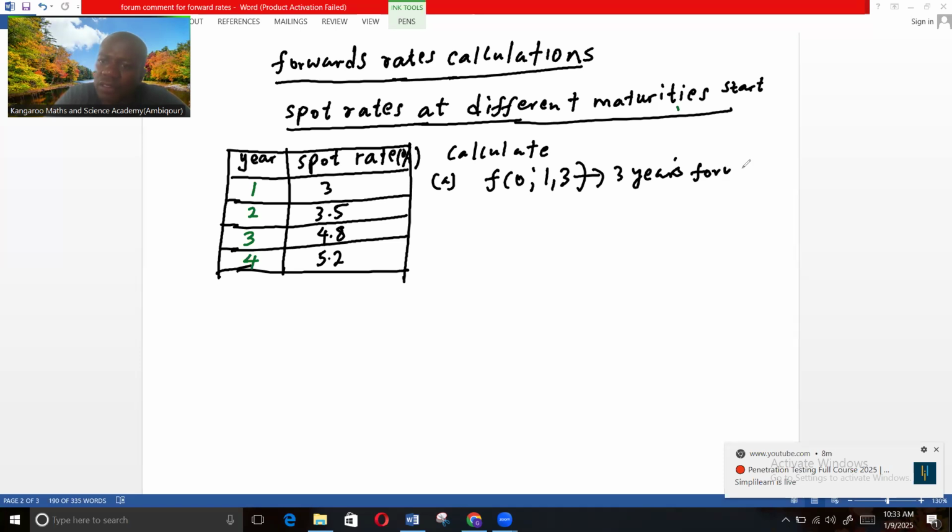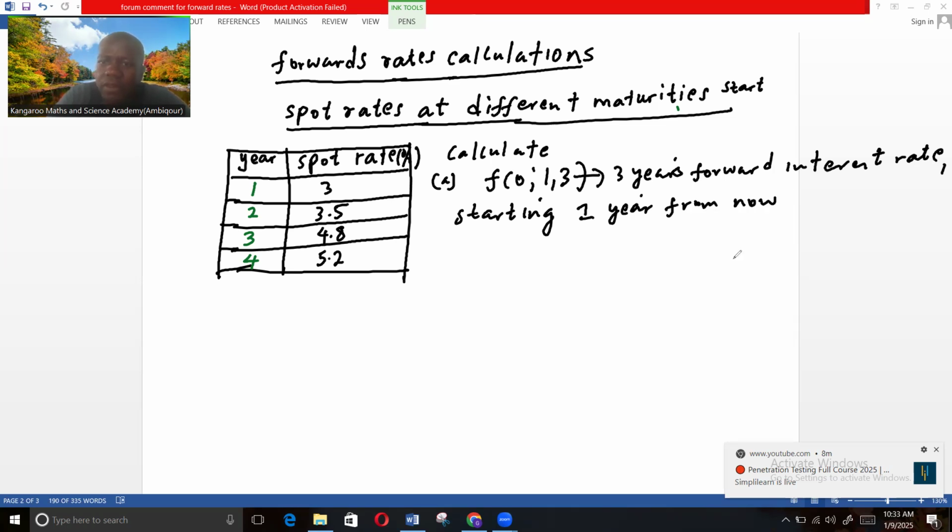forward interest rate, which will start 1 year from now. Remember this, I said this is the start, and this is the duration.